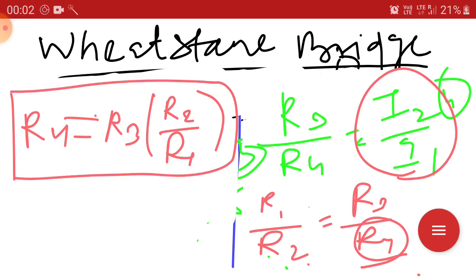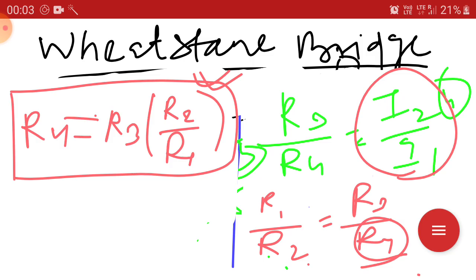So remember the relationship that R1 by R2 is equal to R3 by R4, or you can say R2 by R1 is equal to R4 by R3. This is the relationship, and we can calculate the value of the unknown resistor from it.